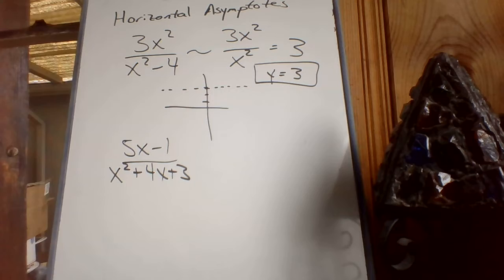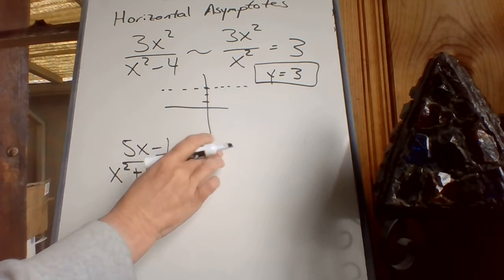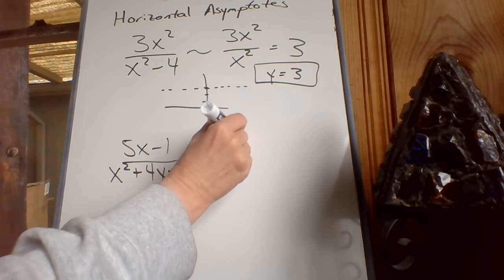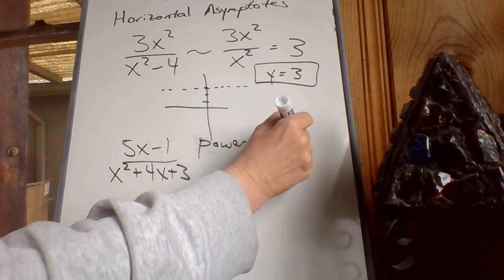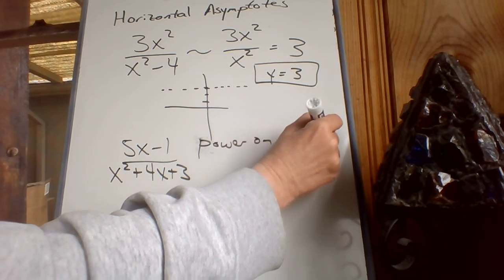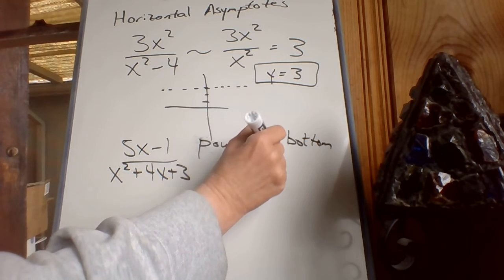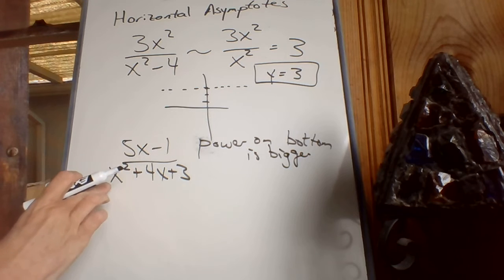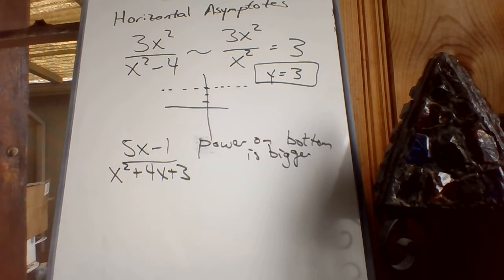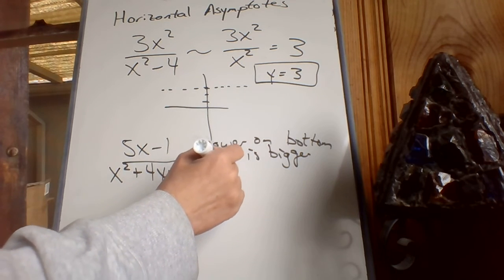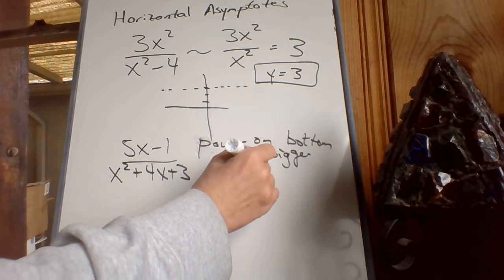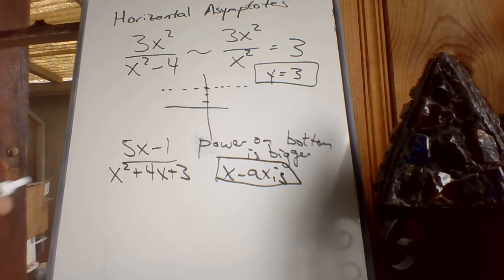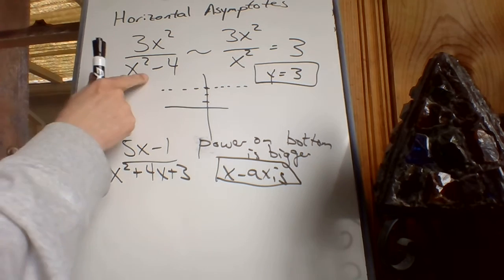If the power on the bottom is bigger, I don't need any of this other stuff. But if the power on the bottom is bigger, then the answer is x-axis. So that covers what to do if the powers are the same.